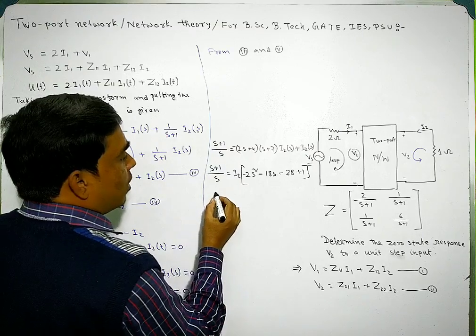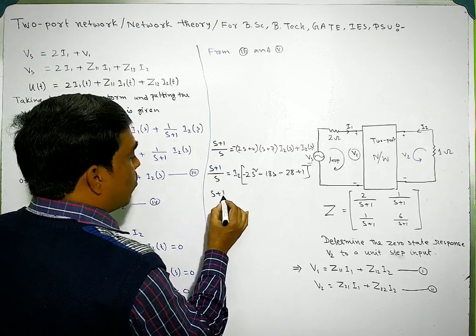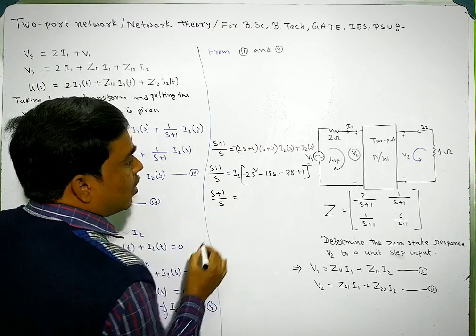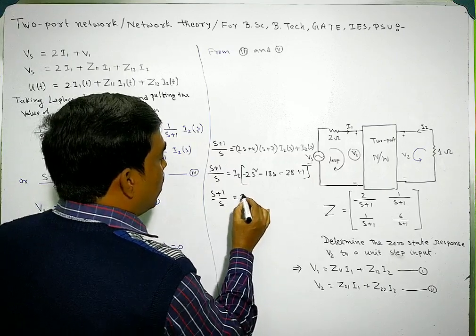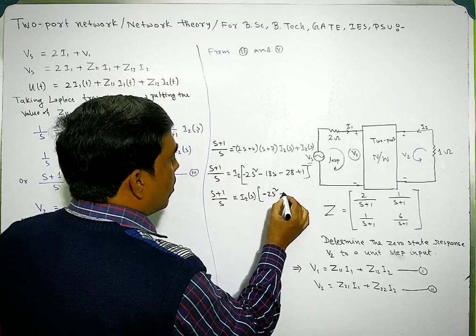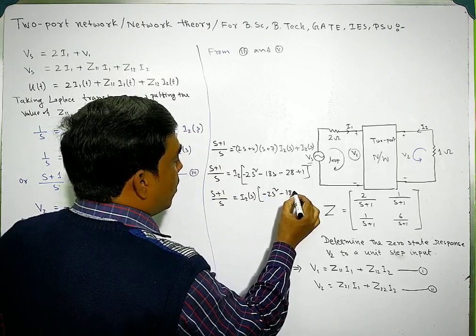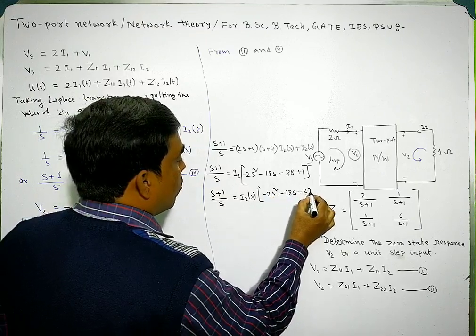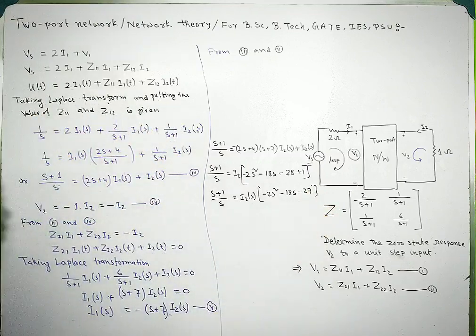Now this will be (s plus 1)/s equals I2(s) times minus (2s square plus 18s plus 27).